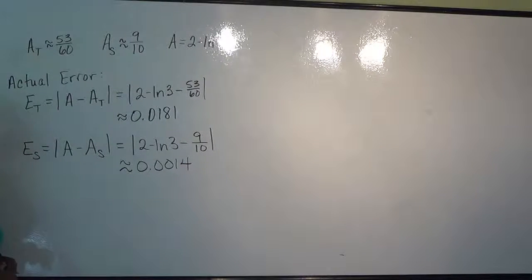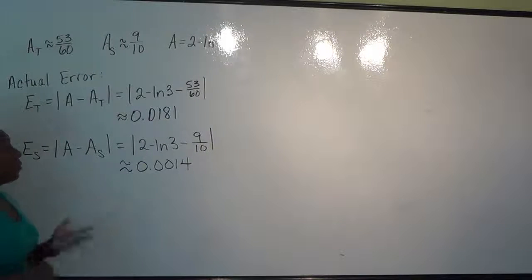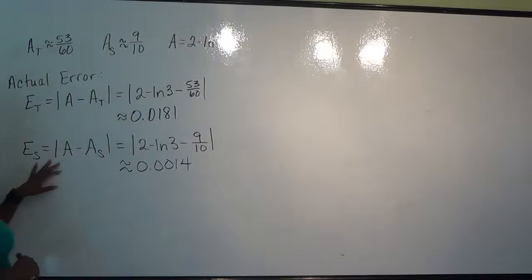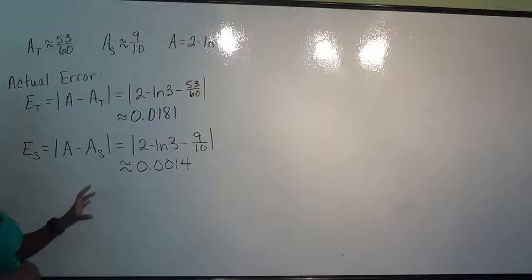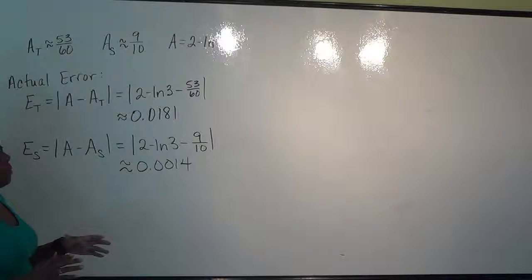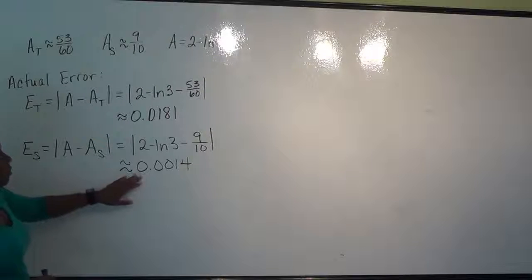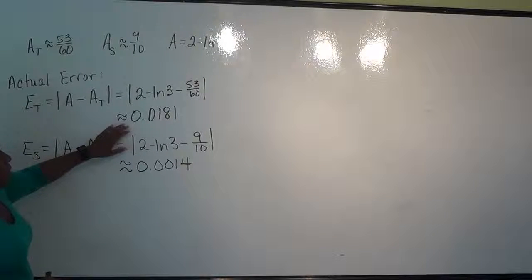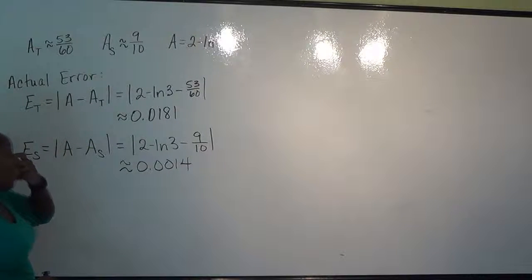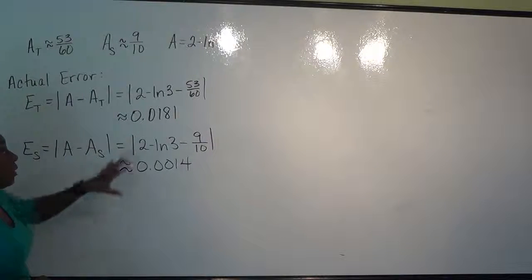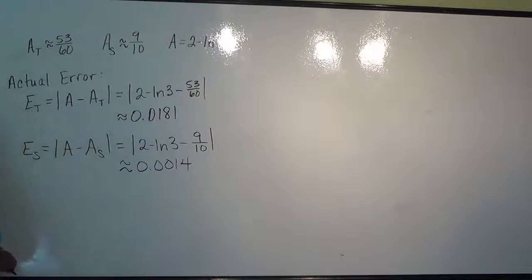Okay, so this is telling us about 0.1% difference between the two values that we got. Okay, so looking at this, this is telling us for the same function, same interval, and same number of subintervals, our Simpson's rule is almost 100 times better than our trapezoid rule.